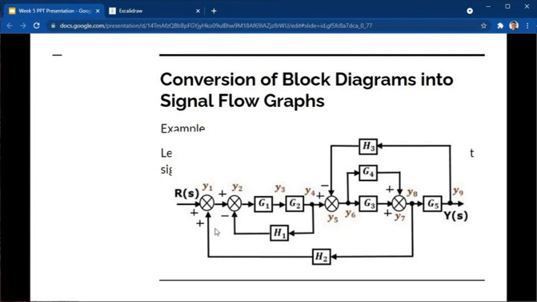Then the blocks again are the gains, and the value or the magnitude of the gain depends on the label of the blocks. Then we will follow the direction as seen on our block diagram.